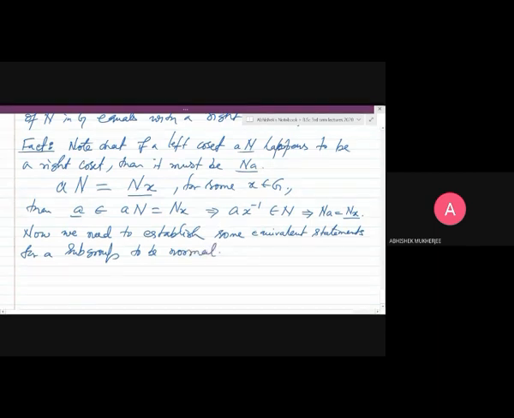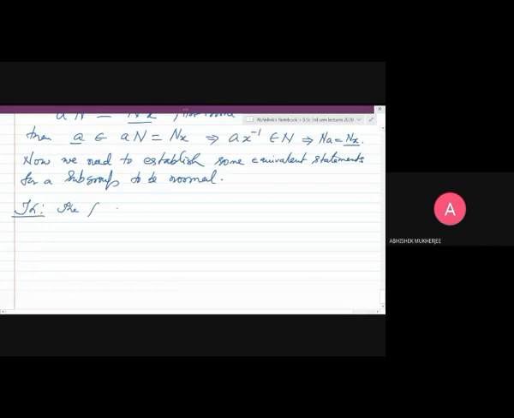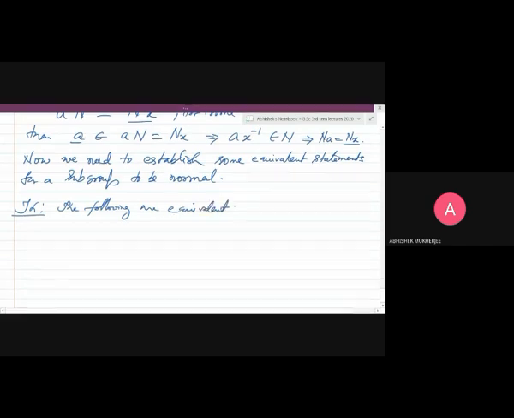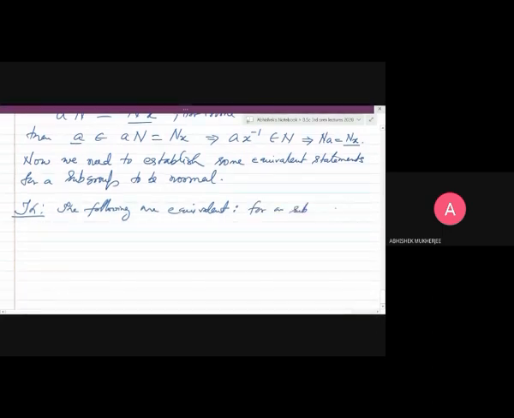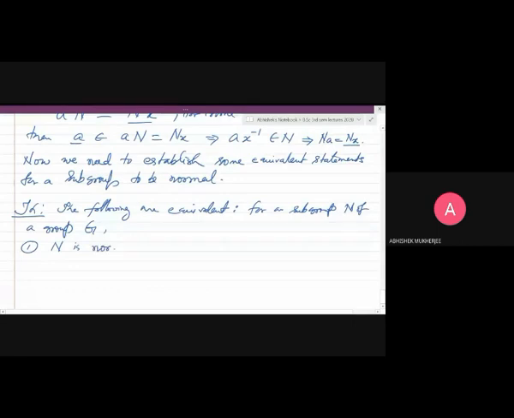To be normal. So what are those? So the theorem is like that. The following are equivalent, for a subgroup N of a group G. Number one is N is normal in G. So N is a normal subgroup in G.